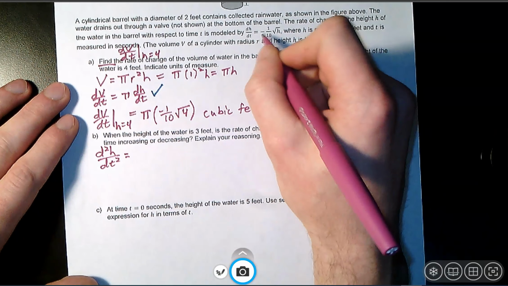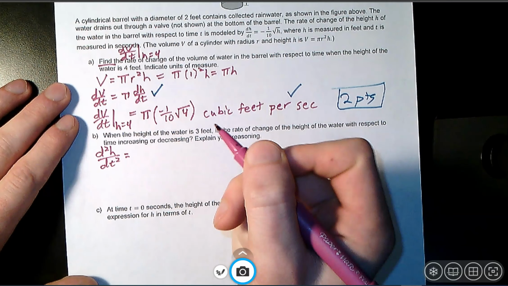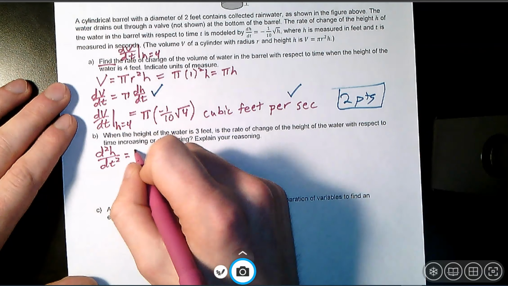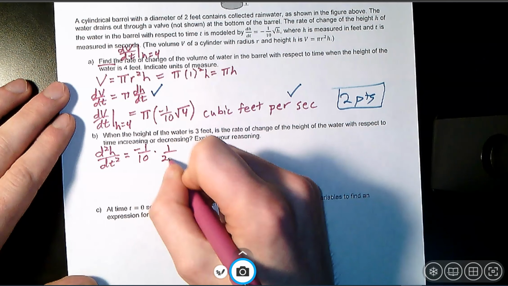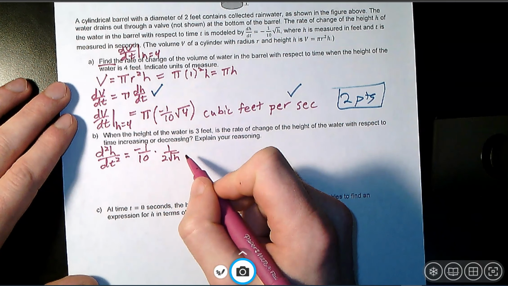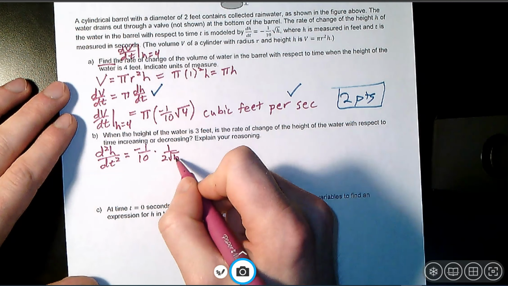Okay, so I have -1/10 times the square root of h. The derivative of the square root is 1/2 square root of h. So that's going to be -1/10 times 1/2 square root of h. That's the derivative of our square root function right there. But I can't forget that I need to multiply by the derivative of the inside. What's the derivative of h?